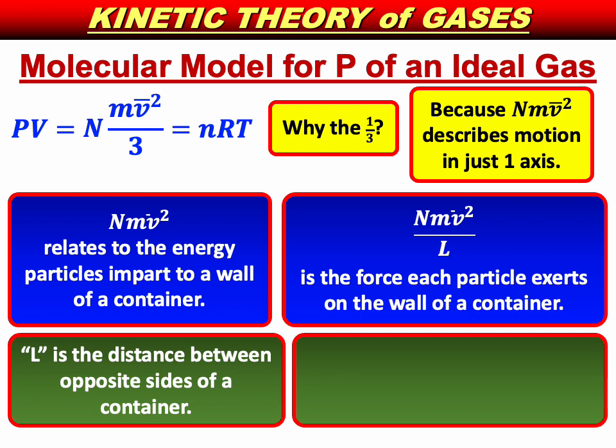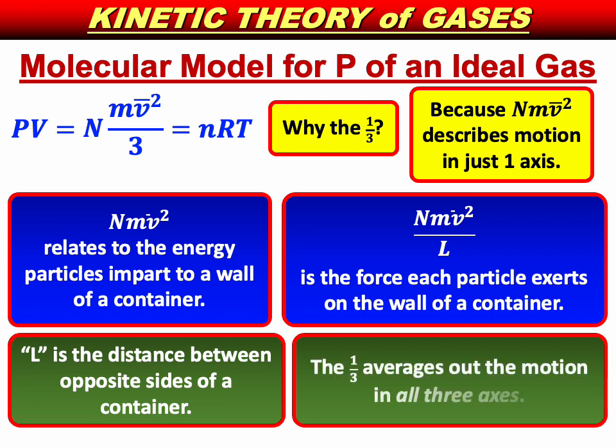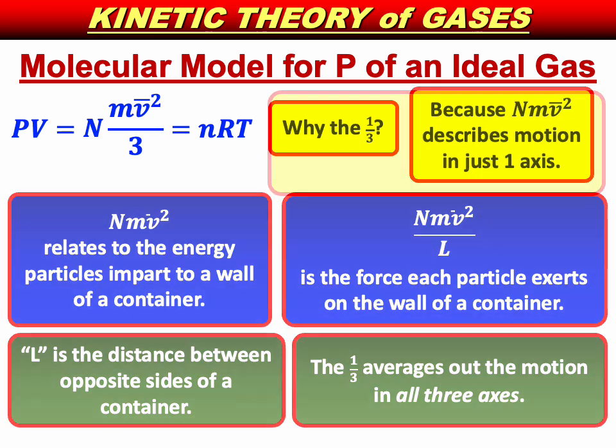So think of it this way. If the sides of a container are really far apart, it's a really big container, a particle to go from one wall to the other takes more time. It's spending less of its time hitting a wall and more of its time in transit. So that's what that L is. And the 1/3 is that it averages out all 3 axes. That's why there's a 1/3.